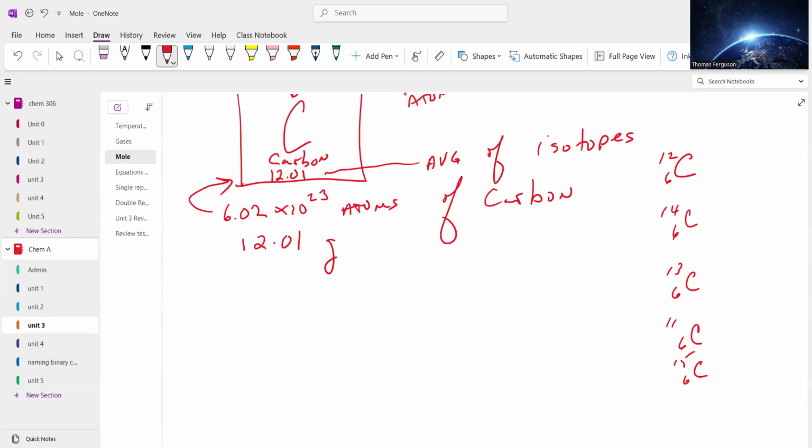Now, we have a fancy name for that. The guy that discovered that number, 6.02 times 10 to the 23rd, his name is Avogadro. And guess what the name of the number is: Avogadro's number.